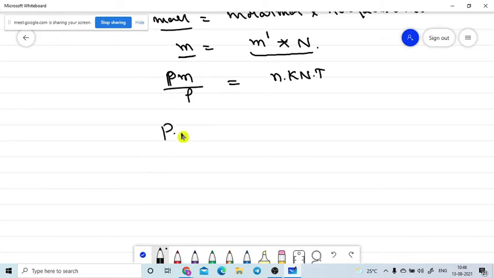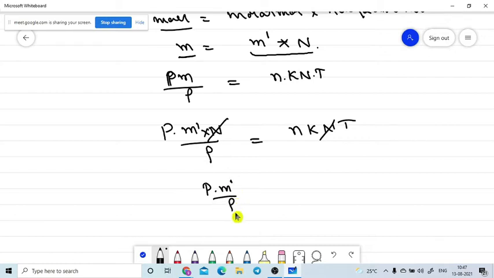Then P is equal to m dash into n divided by rho. Rho is equal to nkn into T is there. So what we can do, n will cancel, that is equal to P into m dash divided by rho is equal to nkt.